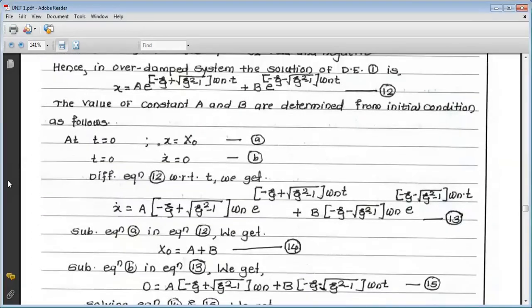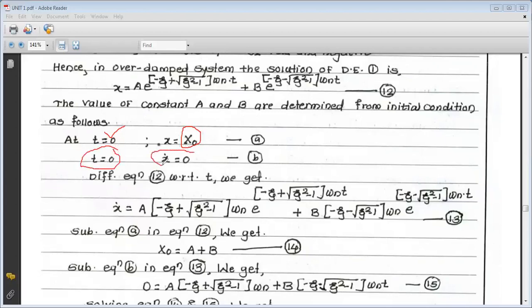At t equals 0, the displacement x becomes the maximum displacement at zero time, that is x0. And at t equals 0, the velocity x dot is equal to 0.